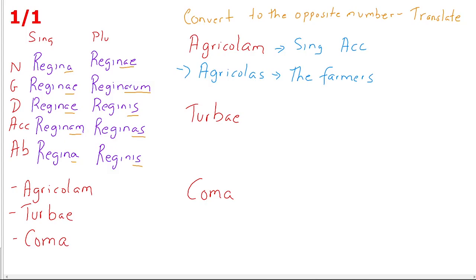Turbe. First and foremost, which number is it? No, which number? Singular or plural? Yeah, it can be both, but for the sake of the exercise, identify any one. Singular. Okay, so if you take it as singular, what are the possibilities? It can be genitive and dative.